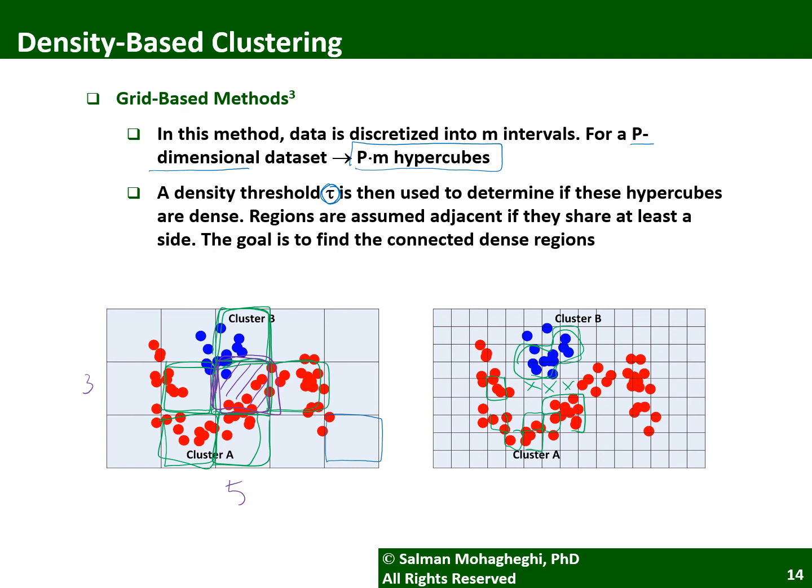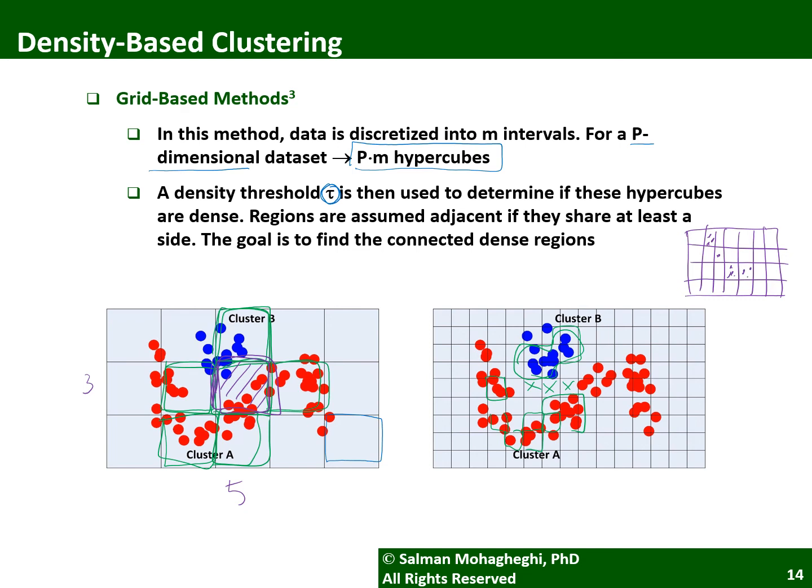On the other hand, when m is large, you might have a lot of empty grid regions, and this might actually cause some of the natural clusters to be disconnected from one another. You probably cannot see it well in this example, but let me give you one example here. Let's say I have some data points here and here.